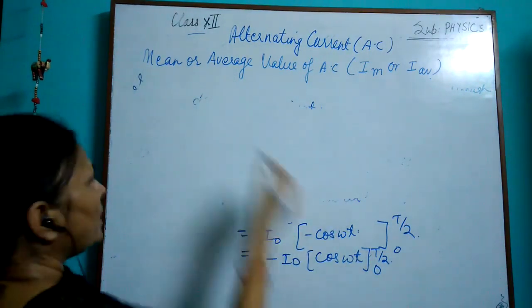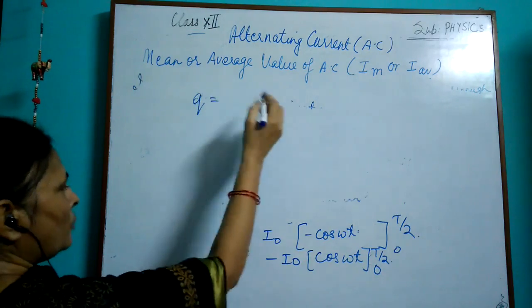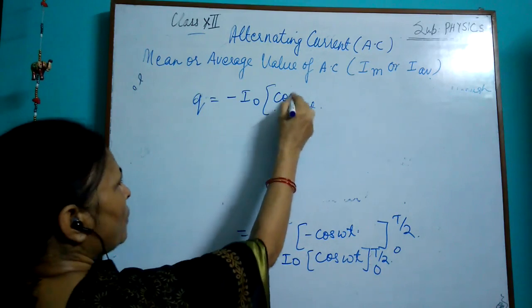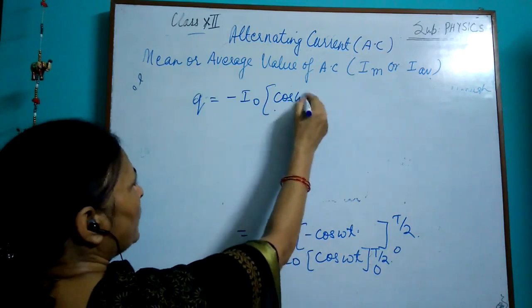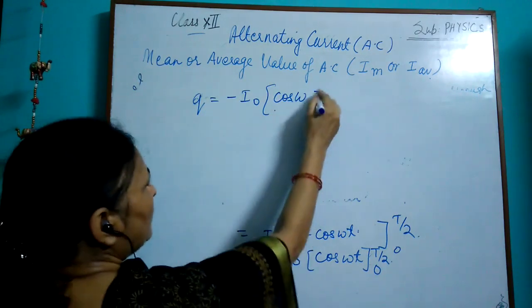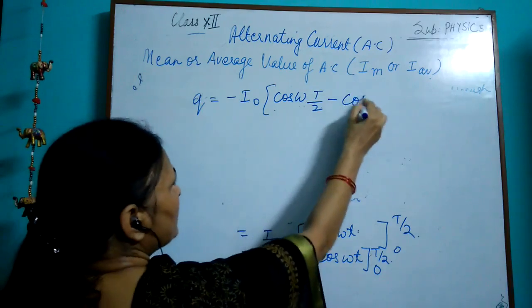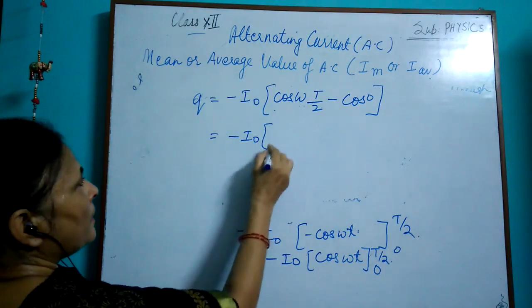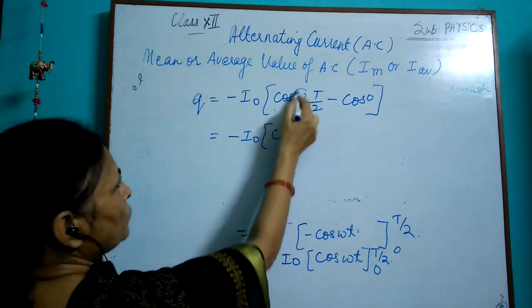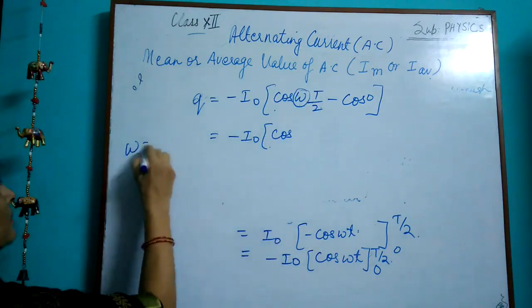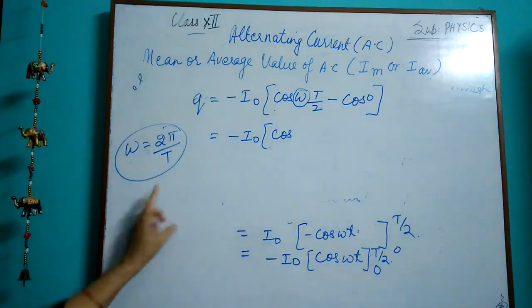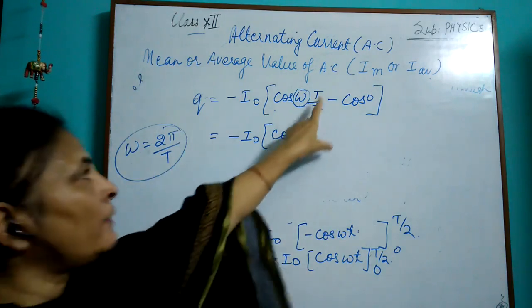Now we'll substitute the upper limit and the lower limit. Q is equal to minus I naught, cos omega T by 2 minus cos 0. Now this omega can be written as 2 pi by capital T. I am writing this because we already have capital T here.